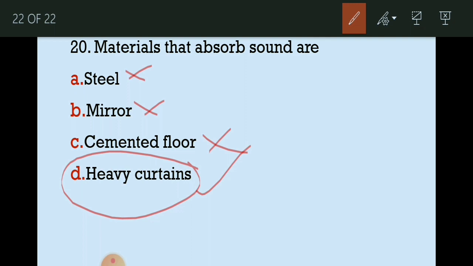That's why we generally do not hear the echo in a cinema hall. If echo were produced in a cinema hall, then it would be impossible for us to watch the cinema, the audio quality would be very bad. That's why on the floor, ceiling and walls, everywhere, such material is used which can easily absorb the sound.